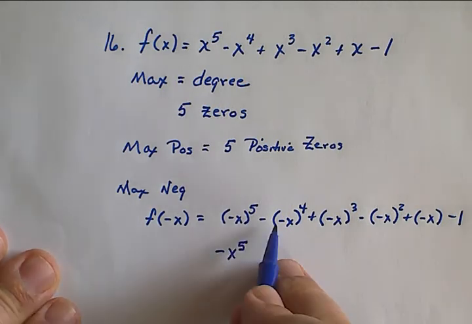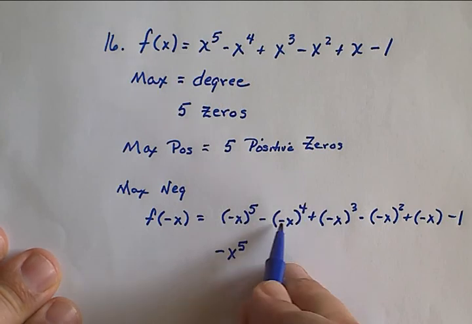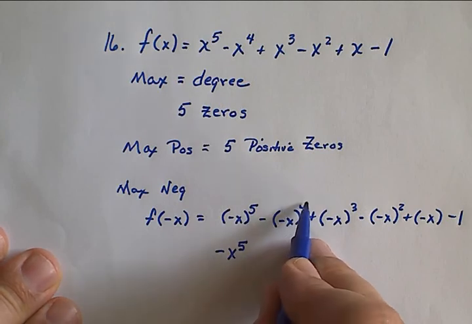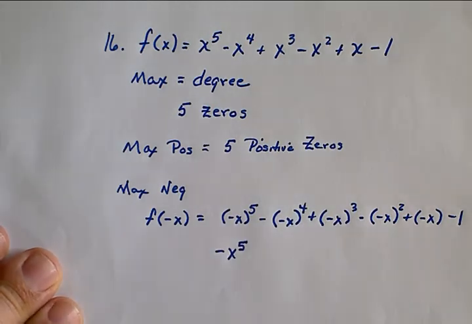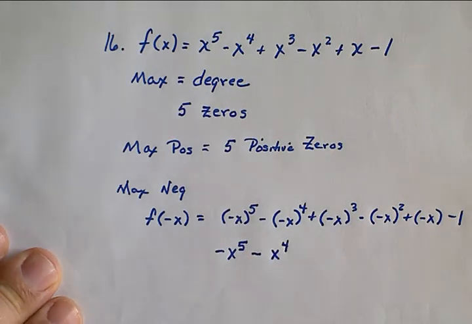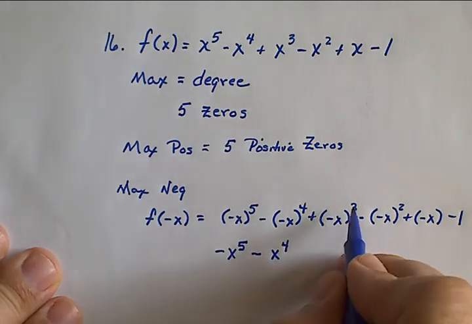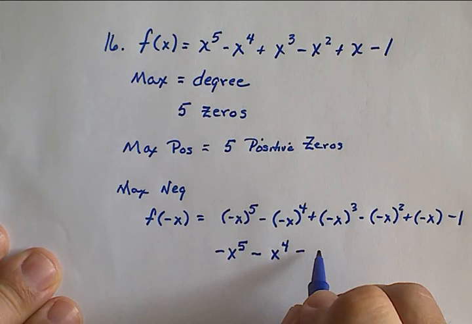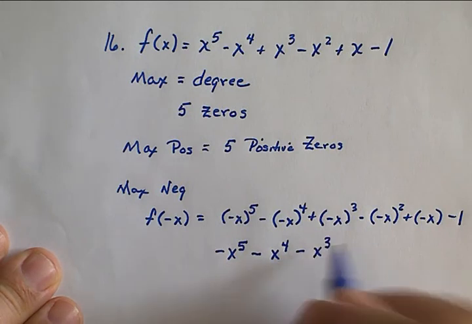Negative x to the fourth, when you raise a negative to an even power, it turns positive. So this becomes minus x to the fourth. Negative x to the third, you get this.